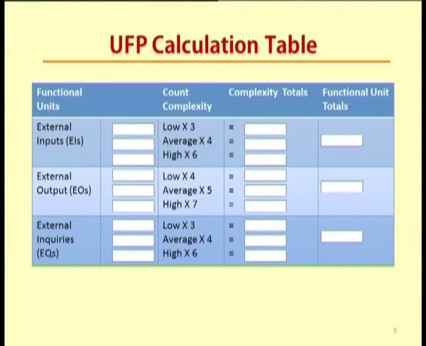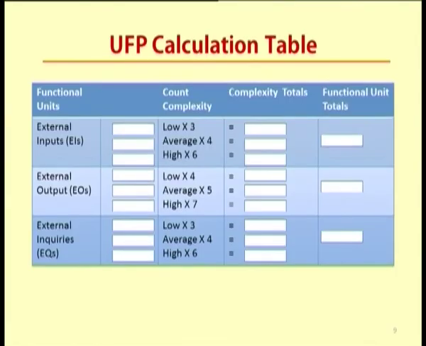Likewise, for all the functional units we have 3 different classes, which are multiplied with the weighting factor values to give the complexity totals. After you sum up this column, you get a value which is the functional unit total. This is an unadjusted functional unit total, where we have not gone with any extra parameters. We purely rely on only these 5 parameters.